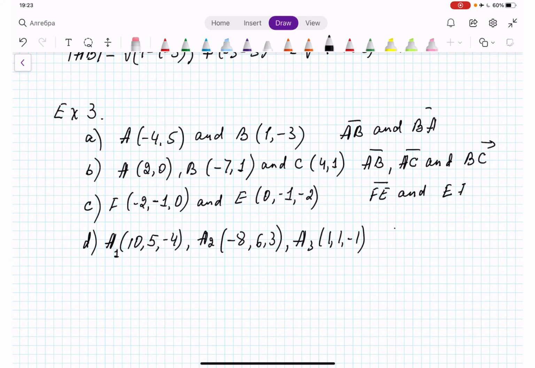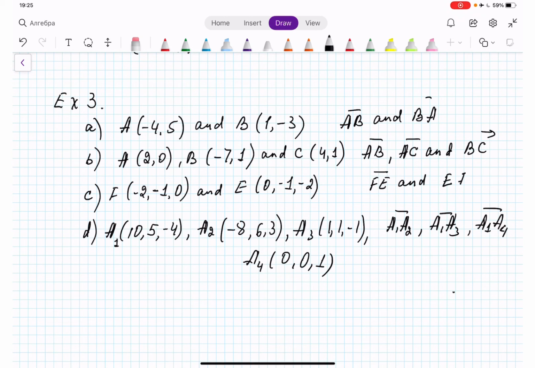So we need to find A1A2, A1A3, and A1A4. We have the fourth one also, so let me add here A4, with coordinates 0, 0, 1. So let's solve it. Case A.